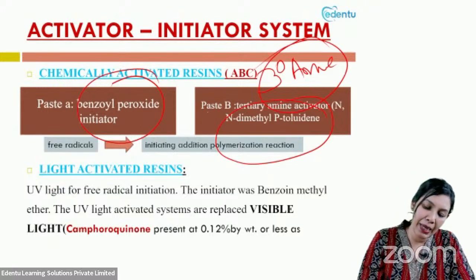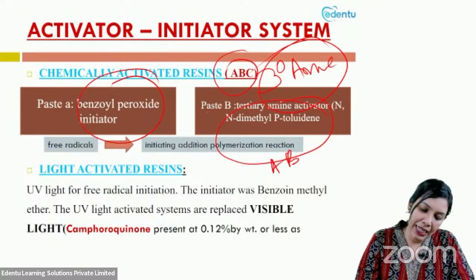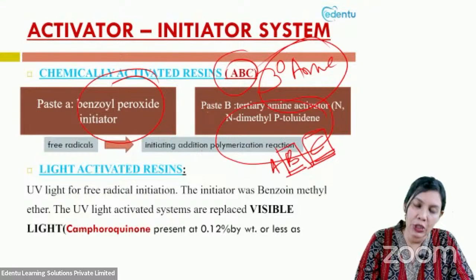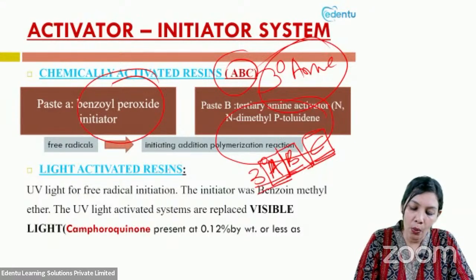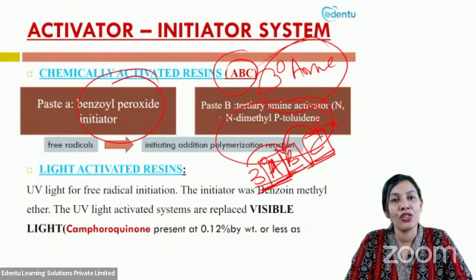You can memorize it as ABC here also. C is the chemically activated one, B is the benzoyl peroxide which needs to be activated, and A is the tertiary amine required for activating benzoyl peroxide. This benzoyl peroxide gives free radicals for the reaction to take place.